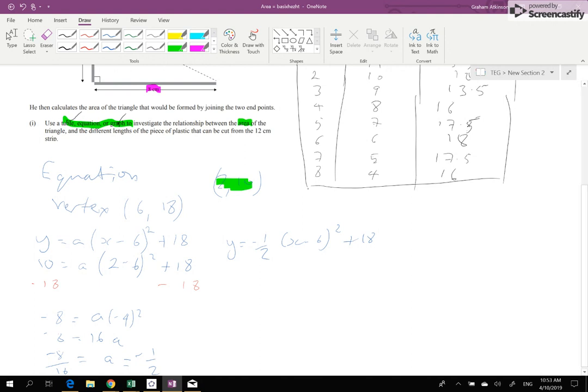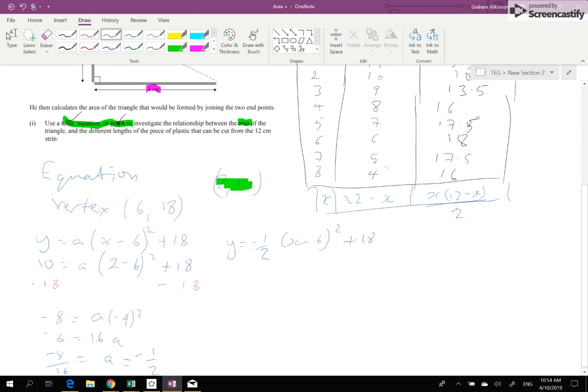Now let me just think about my table that I had. This was my number that I was changing, so I'm going to make that my x. To get this number, each time I had to go 12 minus x. And to get this, I had to go x times 12 minus x divided by 2.